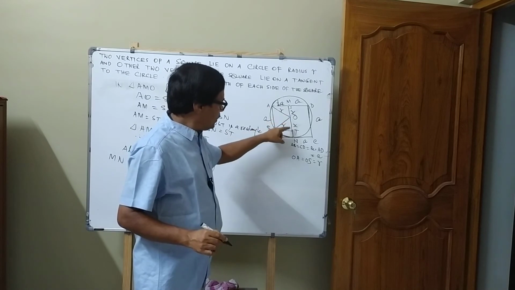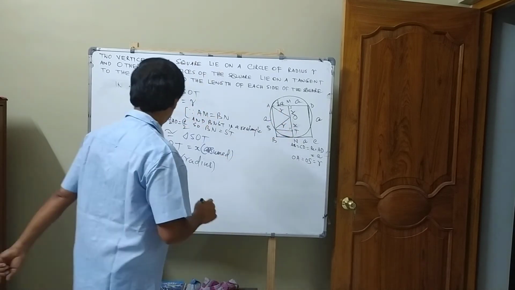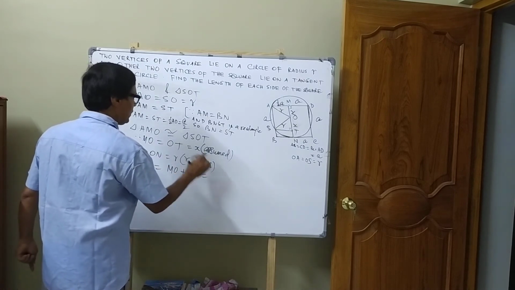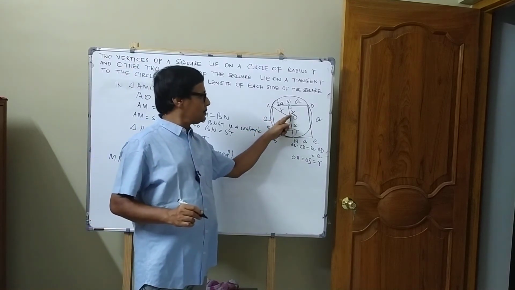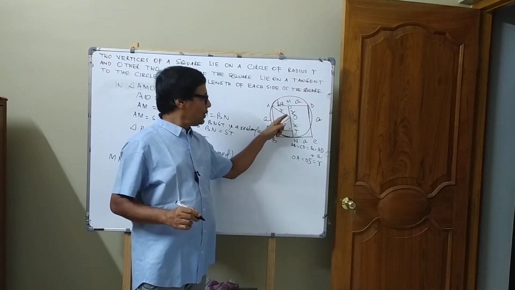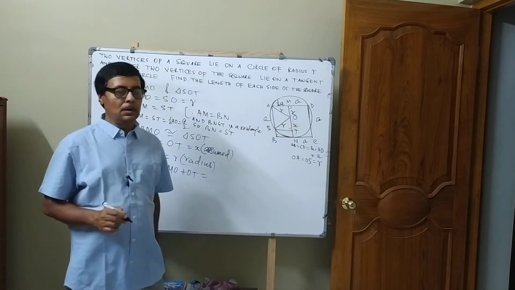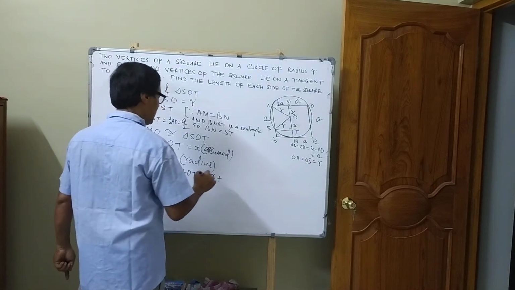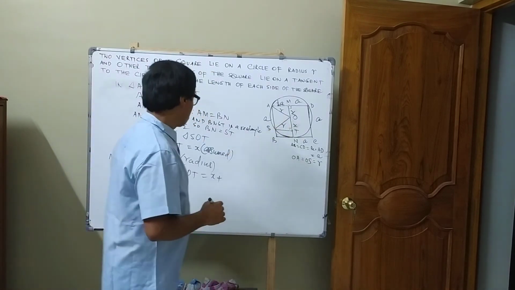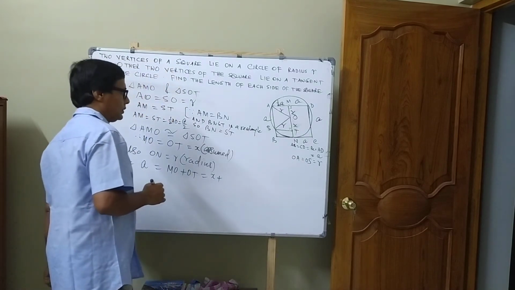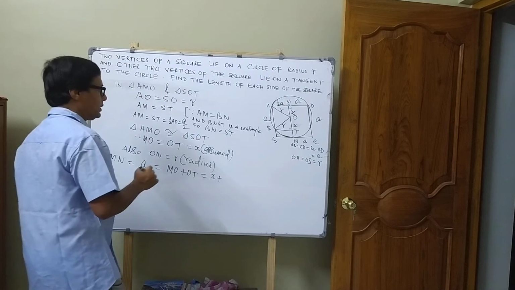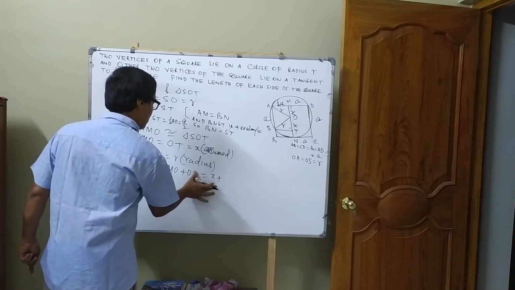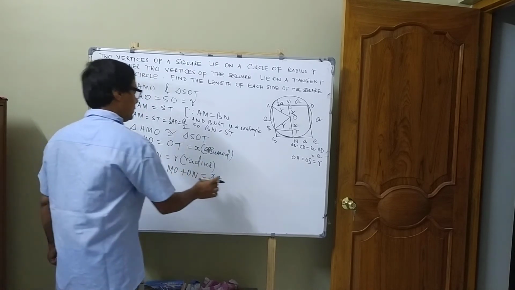And the other expression for the length of MN is MO plus ON. That is, A equal to MO plus ON.